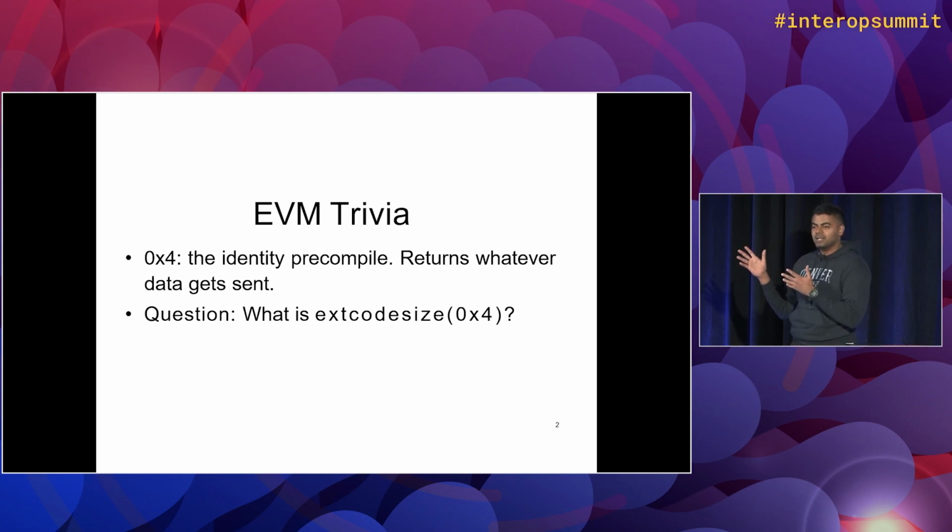So what do you think is the extcodesize of the identity precompile? Any guesses? No guesses? It sounds strange, but it executes some code, right? Let's see what it is later.